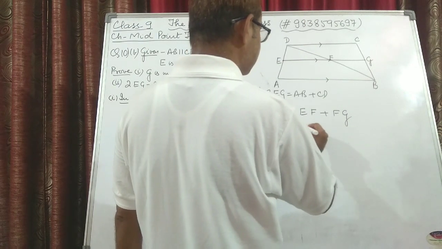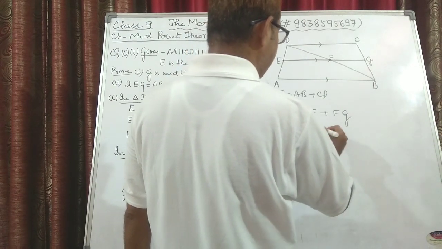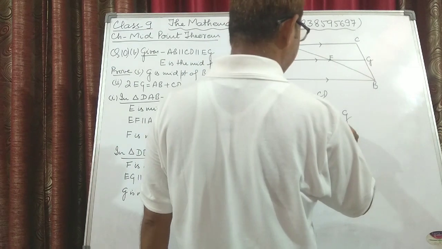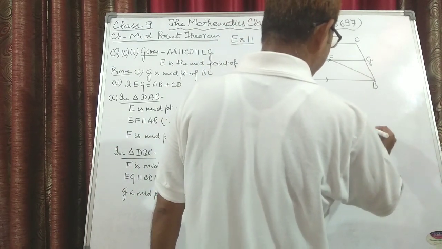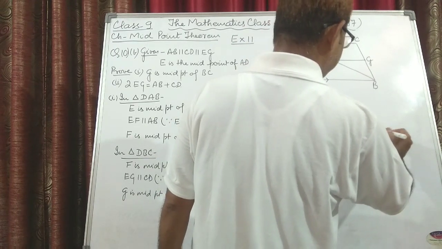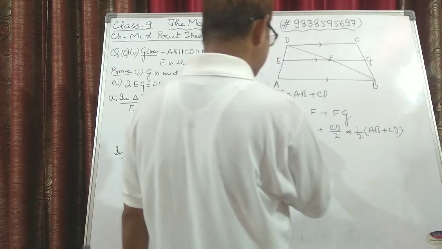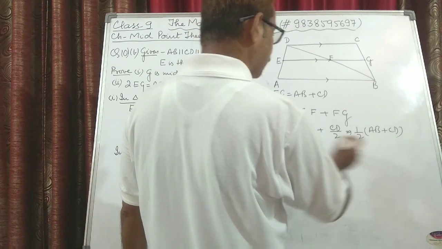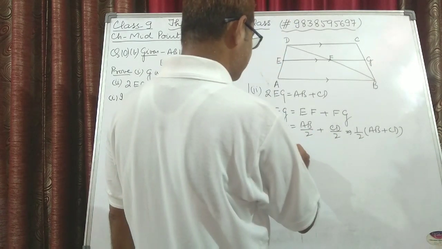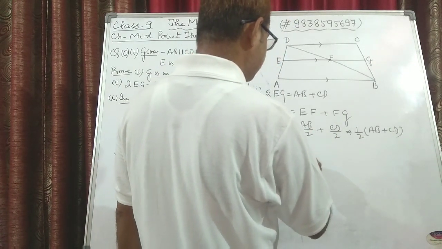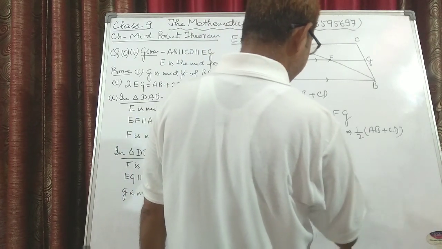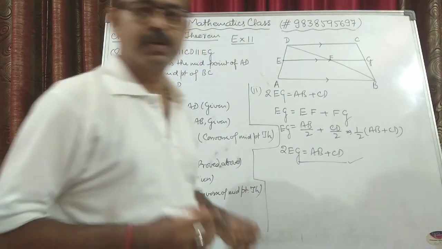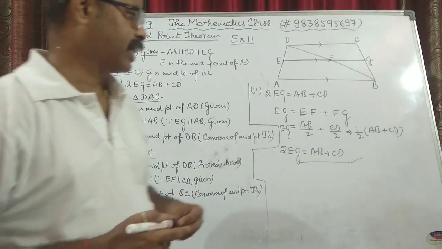EF can be written as half of AB and FG can be written as half of CD. Now when you take 1 upon 2 common, you are left with AB plus CD is equal to EG. Now cross multiply, 2 comes to this side, so 2 times of EG is equal to AB plus CD, and that is your proof. This was the second part.